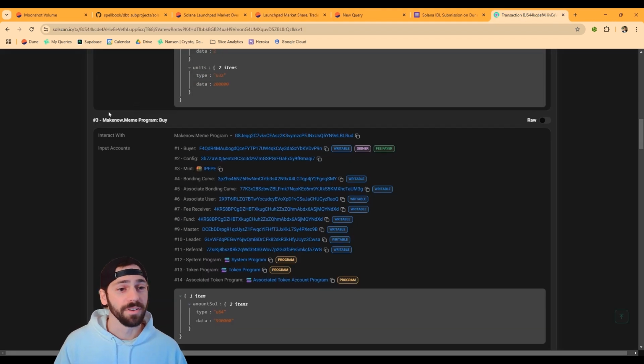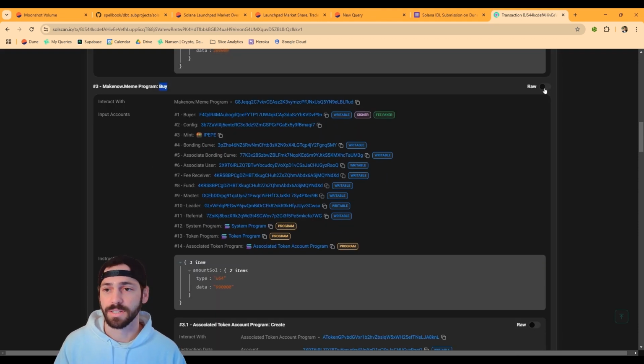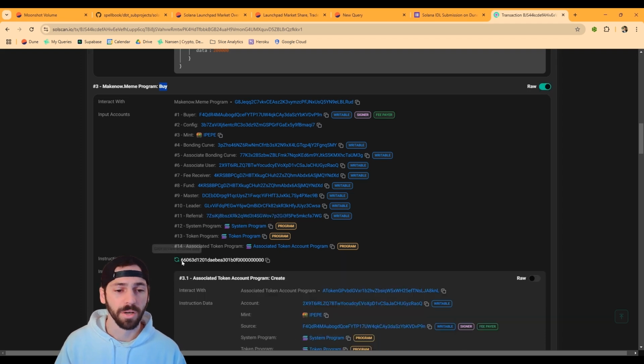So here we have an instruction for the Make Meme Now program, and it's instructing a buy. To get this from raw data, you can click this here, and it gives you the raw. We can see this is the raw instruction data. What's important to know here is that the first 8 bytes are going to be the instruction discriminator that indicates that this is a buy.